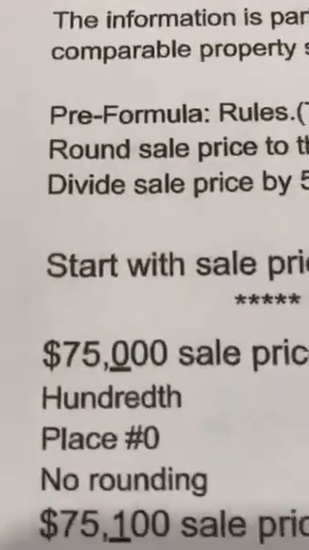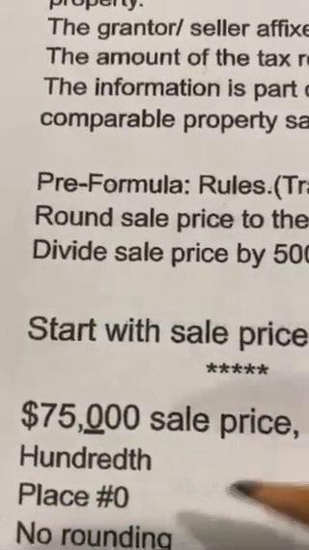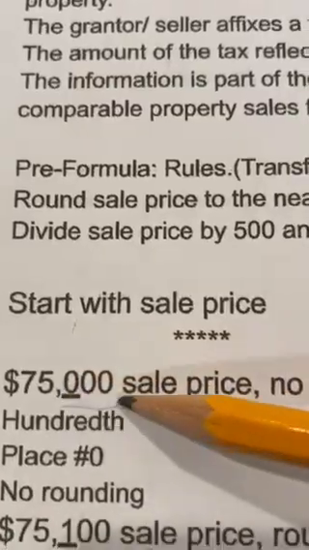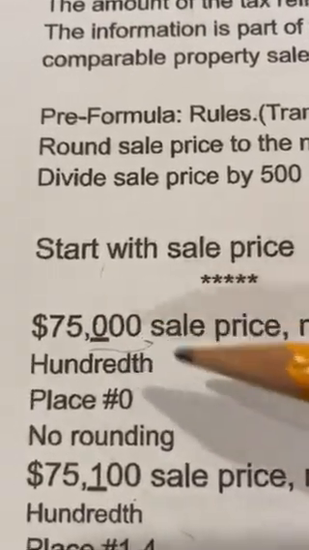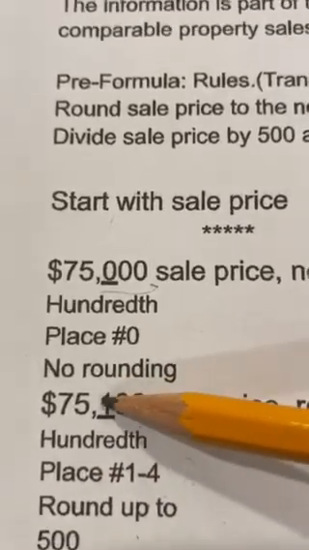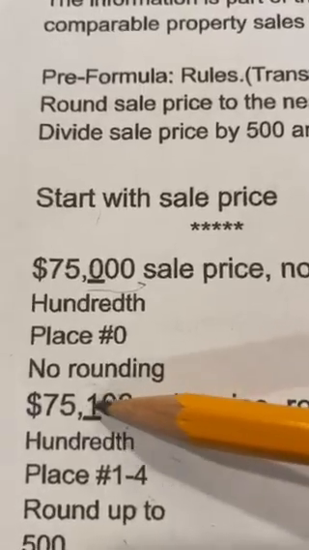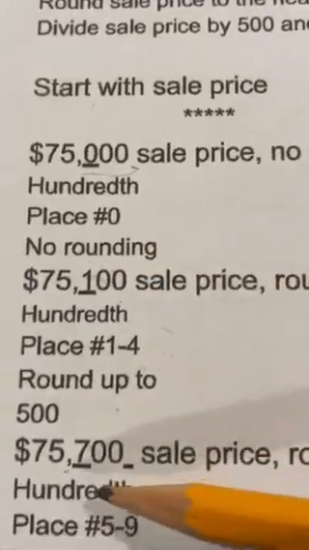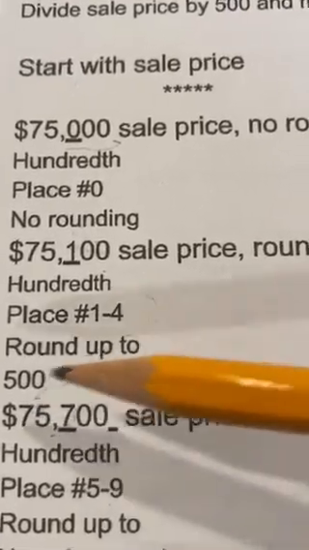And if the number does not have any number in the 100th place, then you divide the number by 500. If it has a number in the hundreds place, 1 through 4, you would go up to the next 500. And if it has a number that's 5 or over, you go up to the next 1,000.